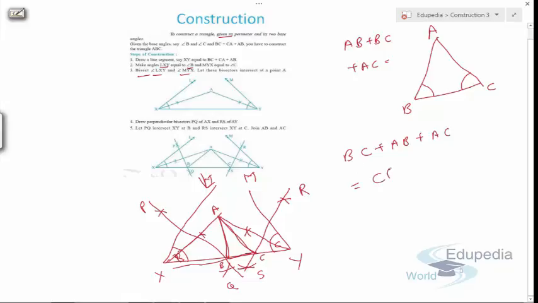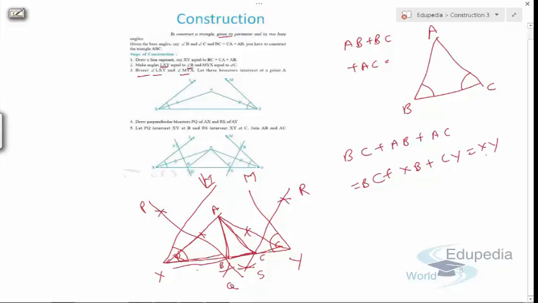We can write BC plus XB plus CY, which equals XY, right? Let me repeat again. It's given BC plus XB plus CY equals XY, right?